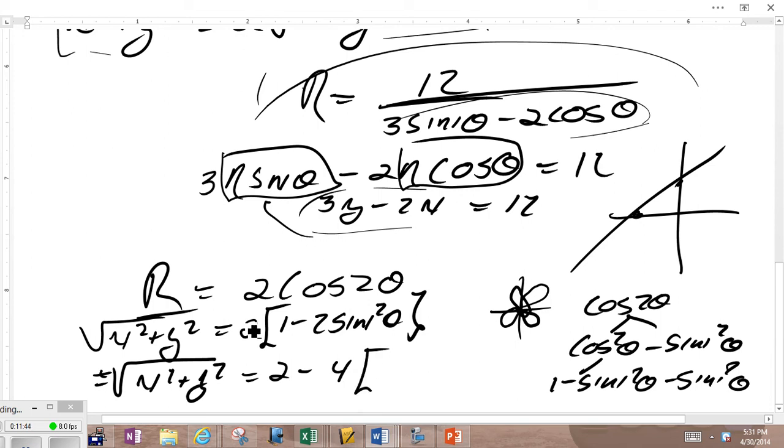Why did I just show you that? Sine of theta is y over r, so sine squared is y squared over r squared. Replace r squared with x squared plus y squared, and we're pretty much where we want to be. So I'm going to take the lazy way out. x squared plus y squared. And there it is. That's your conversion on that guy.